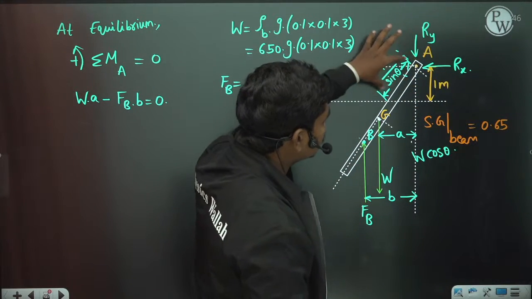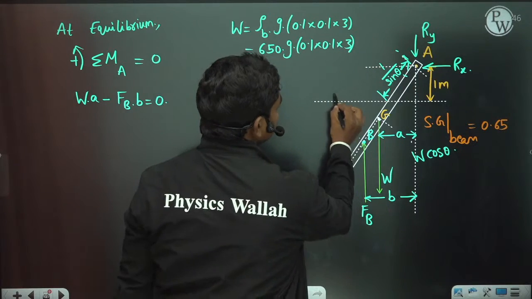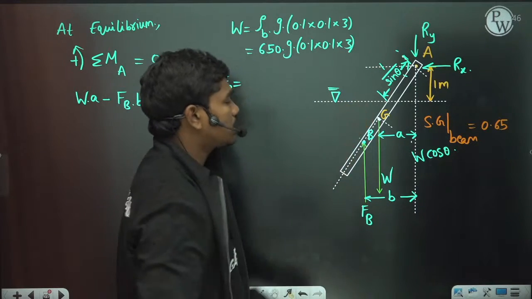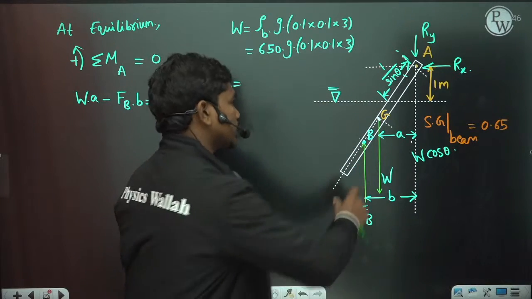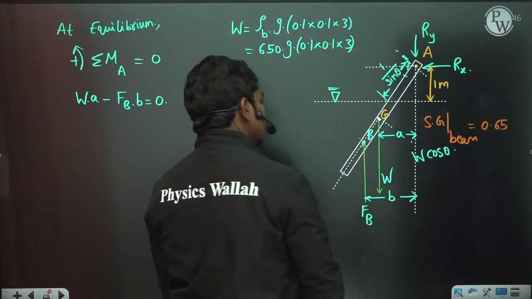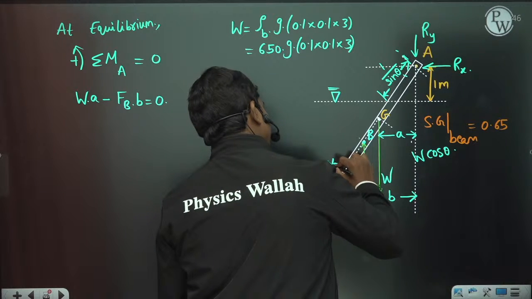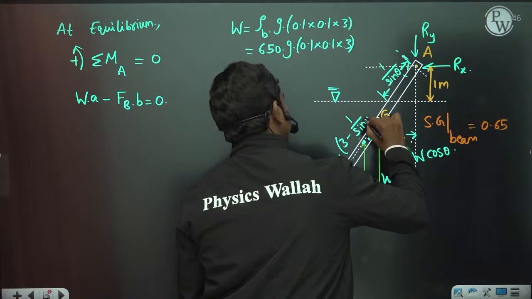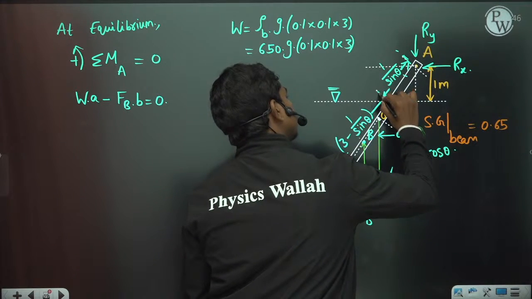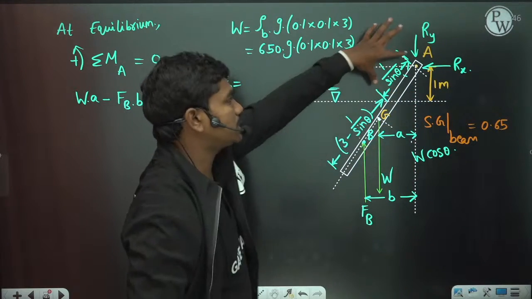If this is 1 meter, then this is 1 by sin theta, and this is the water surface. That means the volume of the beam inside the fluid is the area of cross section times the remaining length, which is 3 minus 1 by sin theta, okay.